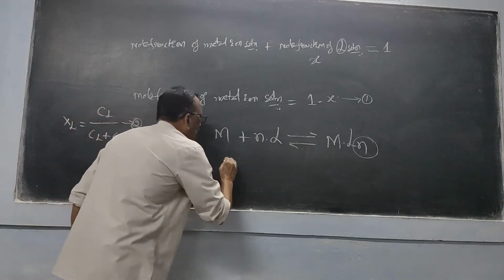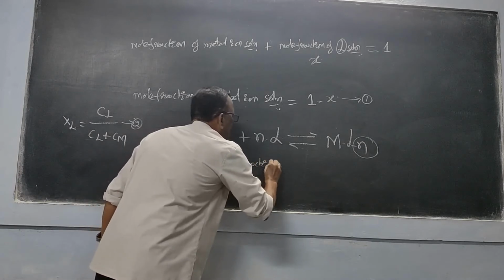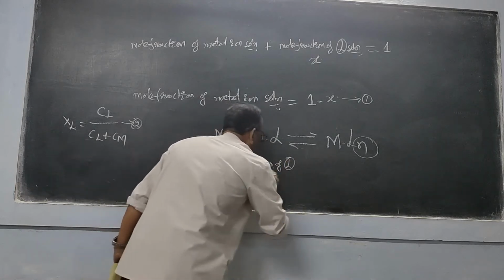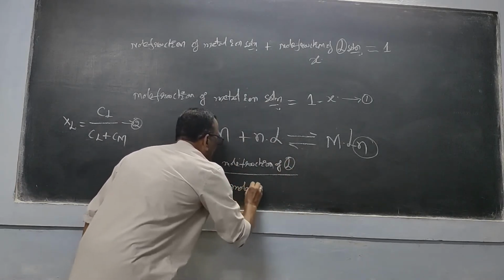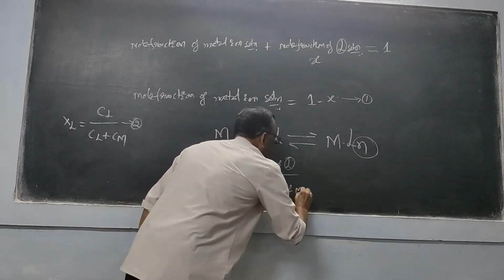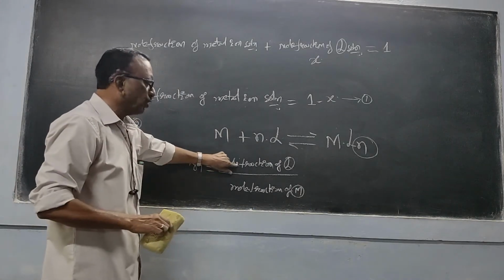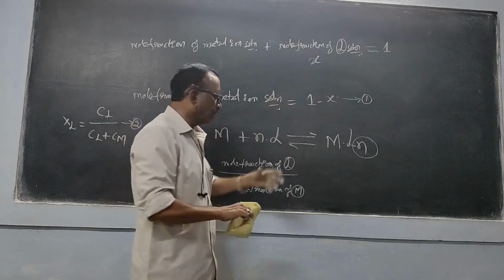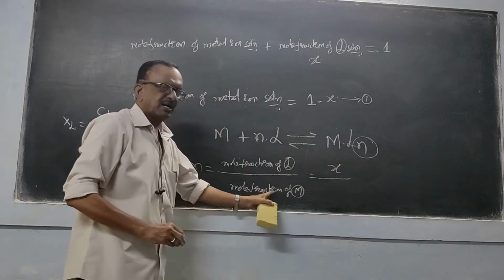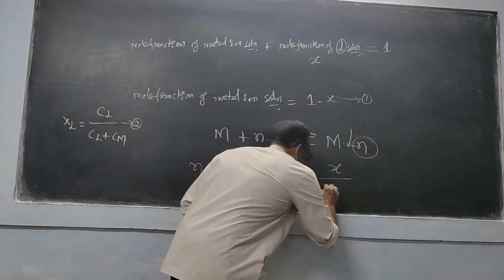So n is equal to the mole fraction of ligand by the mole fraction of the metal ion solution. We have already assumed the mole fraction of ligand as X, so that is X by the mole fraction of the metal ion solution, which is 1 minus X. So we get it like this.